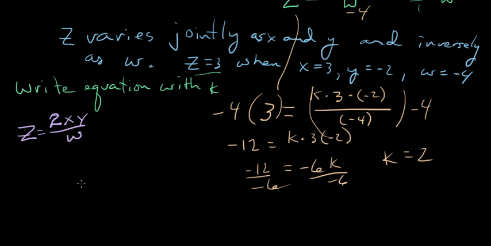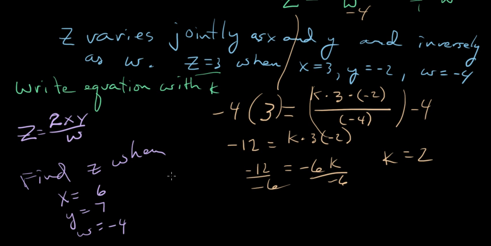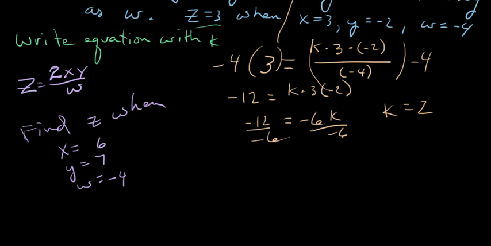Okay? So now it says find z when x equals 6, y equals 7, and w equals negative 4. Well, it's pretty simple now. We just fill in the blanks. Okay?